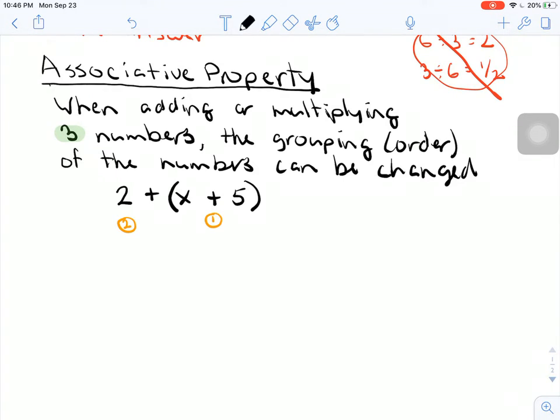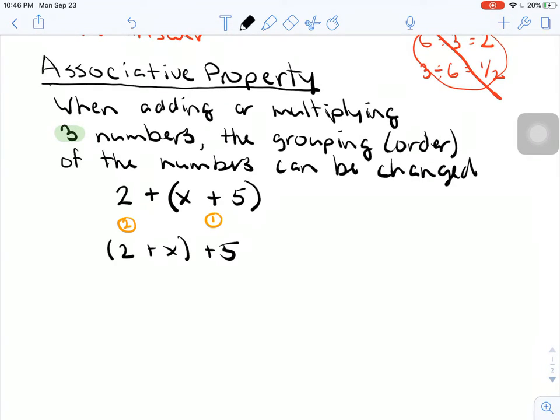So maybe I could change the order of the problem and I could make it be (2 plus x) plus 5. So I just changed the order by moving the parentheses from x plus 5 plus 2 to 2 plus x plus 5. It's a different order, but it's still going to give me the same answer.